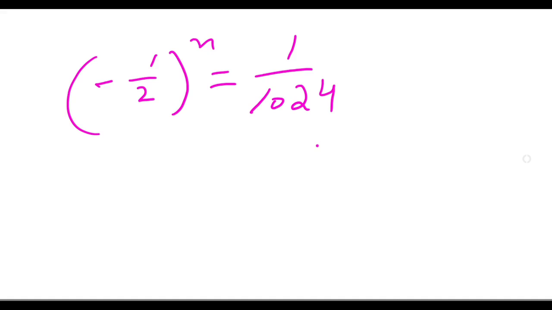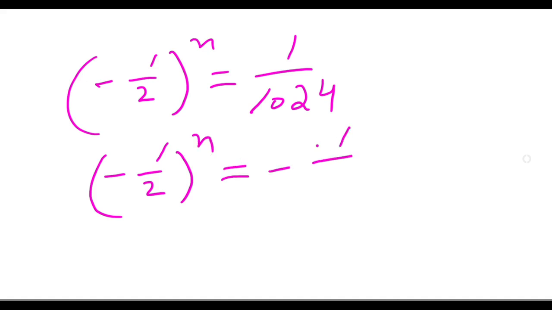So the right hand side can also be written with a negative base, or even this negative I can change to the positive, either way. So I can write it like this: negative 1 over 2, to the power n, is equal to negative 1 over 1024.